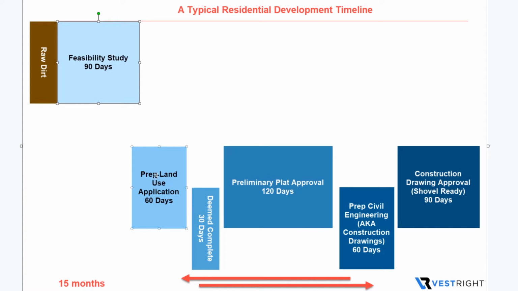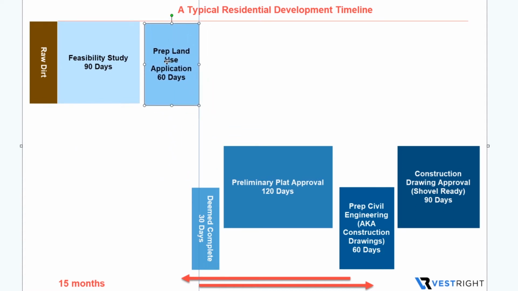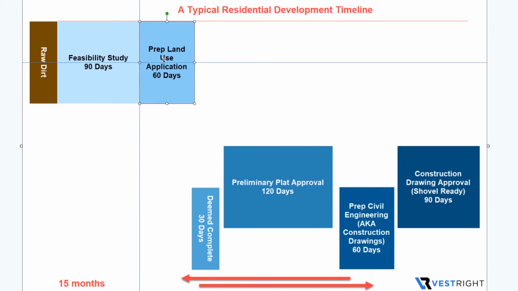The next step is to start preparing the land use application. So the developer goes through his feasibility study, and I'm just going to say his instead of his or her each time. We'll just default to the male, even though there's absolutely no reason why women can't do this. I just want to make sure I make that clear. But I just don't want to start saying his or her over and over again.